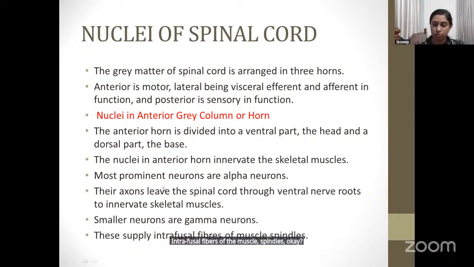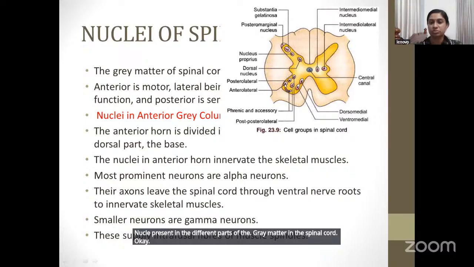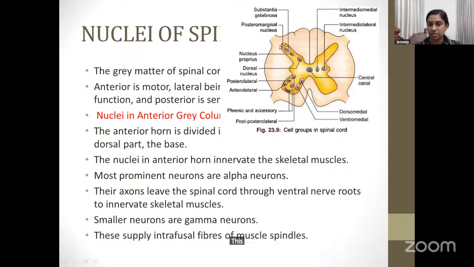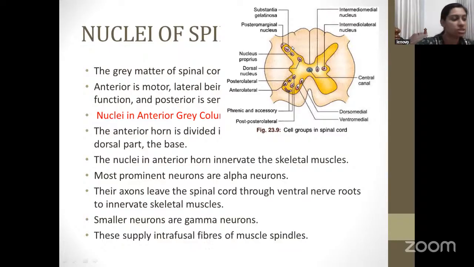Okay, so let's see the different nuclei present in the different parts of the gray matter in the spinal cord. This is the anterior horn, and this is the posterior horn.